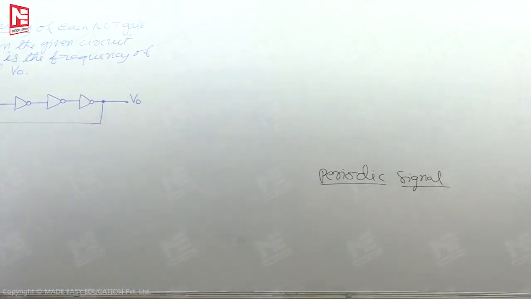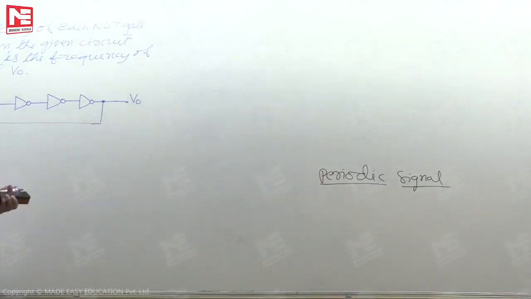And if you look further, the components we have here in the circuit are digital components. Once we have digital components, the waveform generated is mostly a square wave signal, or maybe a rectangular signal, because we have logic devices, logic gates.